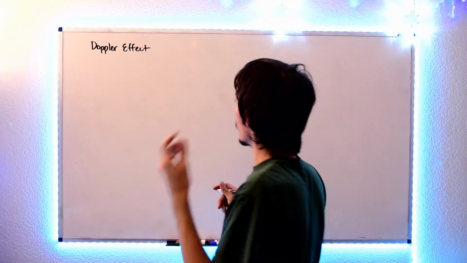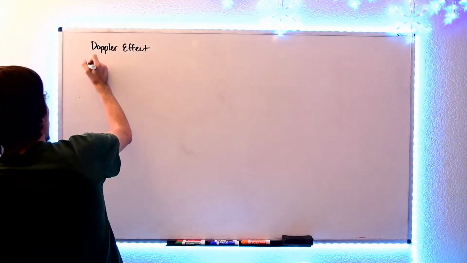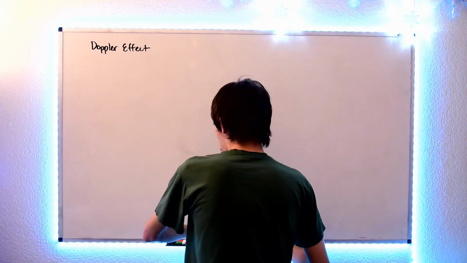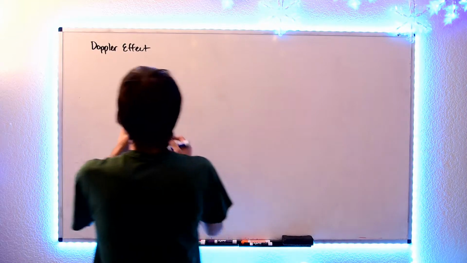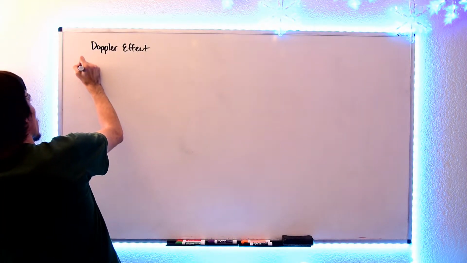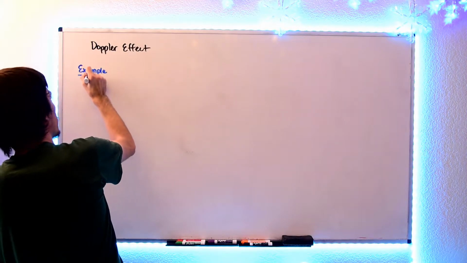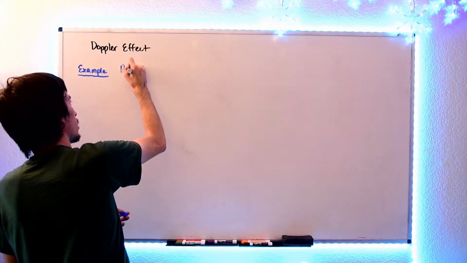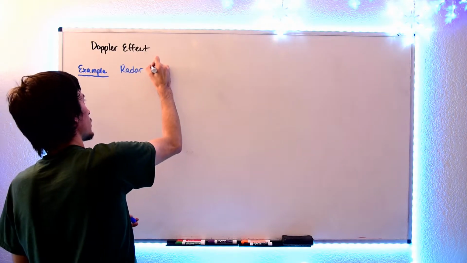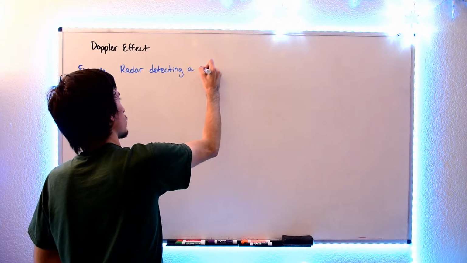Okay, so let's say an example of where Doppler effect is encountered that we see sometimes. Let's say that you have radar detecting a storm.